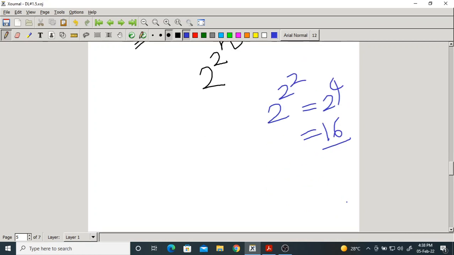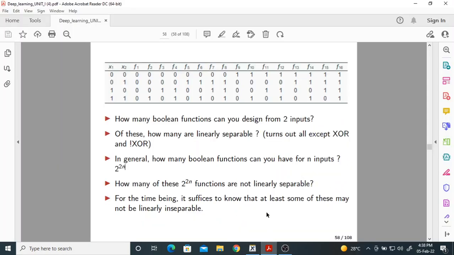With 3 inputs, n equals 3, 2 power 3 is 8, so 2 power 8. You can verify. So with 2 inputs, you can generate 16 Boolean functions, and in general with n inputs, you can generate 2 power 2 power n Boolean functions.